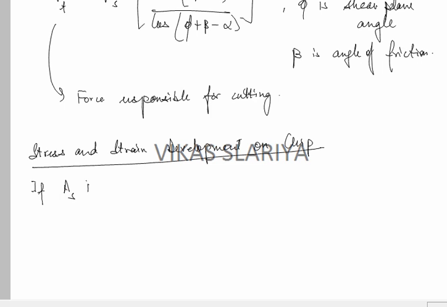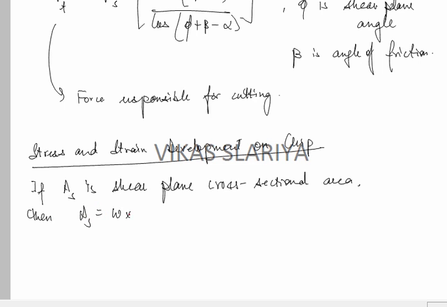If AS is shear plane cross sectional area, then AS can be written as width of cut into thickness of uncut chip.